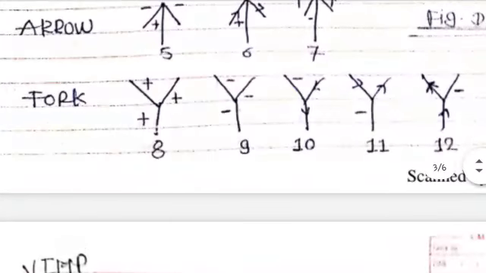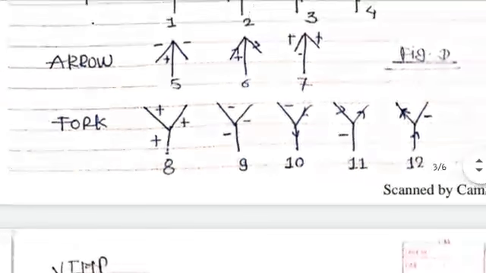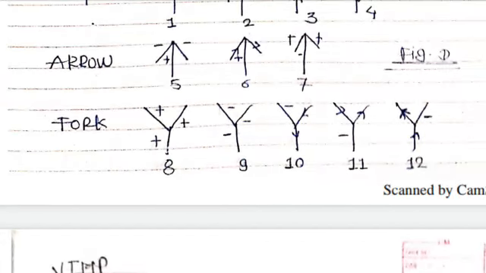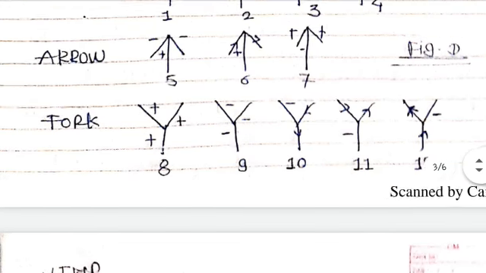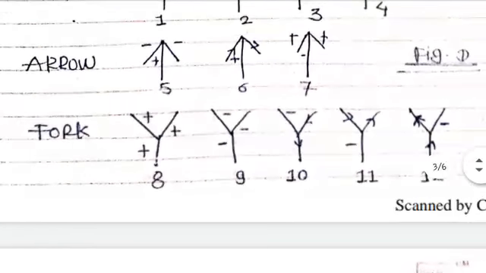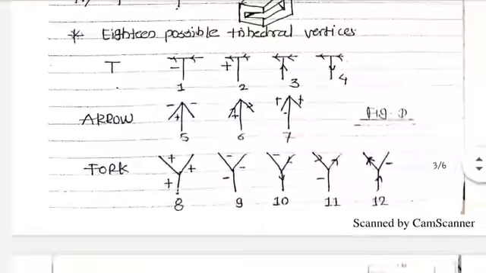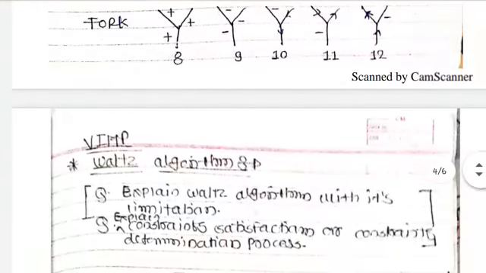For 8, fork, 8, 9, 10, 11, 12, there are 5 edges available. This is the convex edge. This is purely a concave edge. This is also the 10 number concave edge, 11 number concave edge, 12 number concave edge.